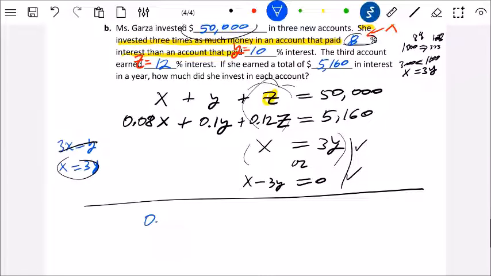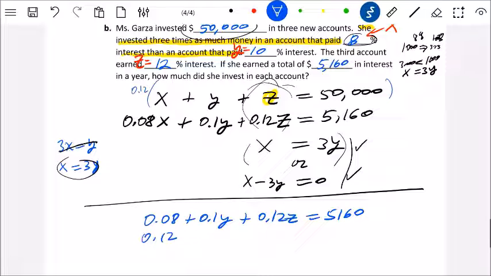So I'm going to write out 0.08X plus 0.1Y plus 0.12Z is equal to 5160. And I'm going to subtract from it. I'm going to multiply this one by 0.12, everything in it.